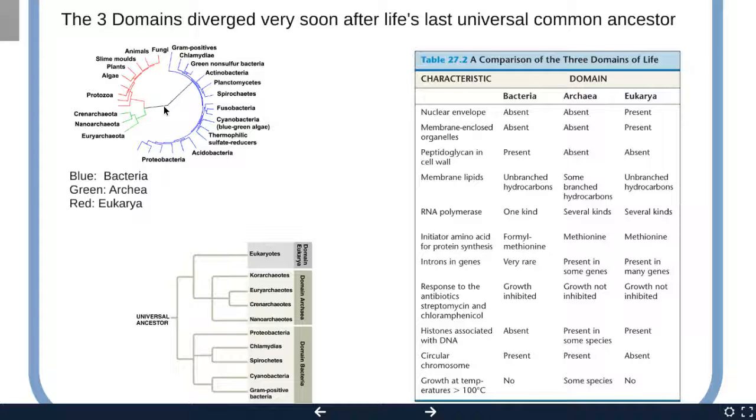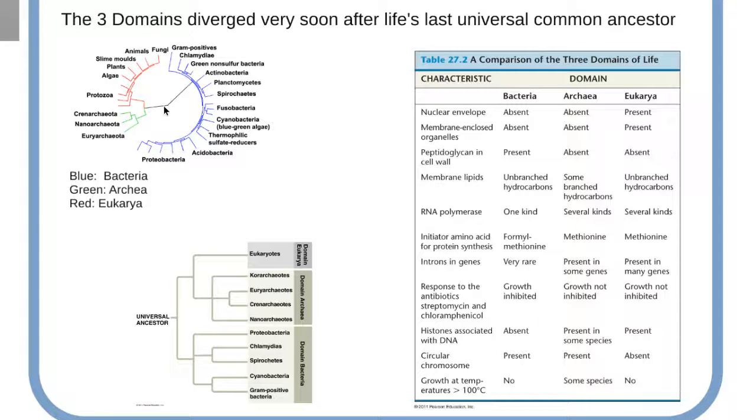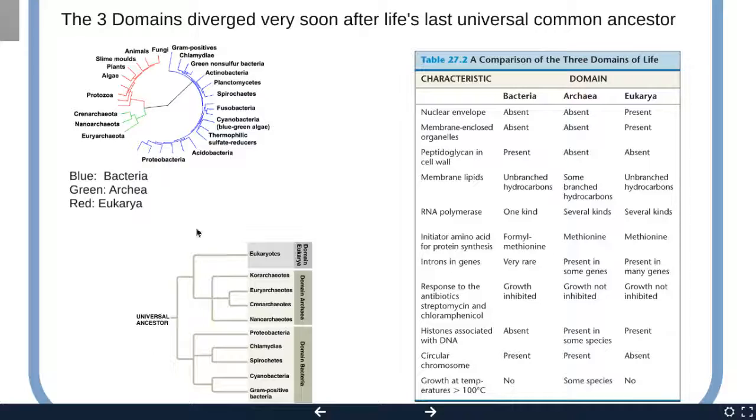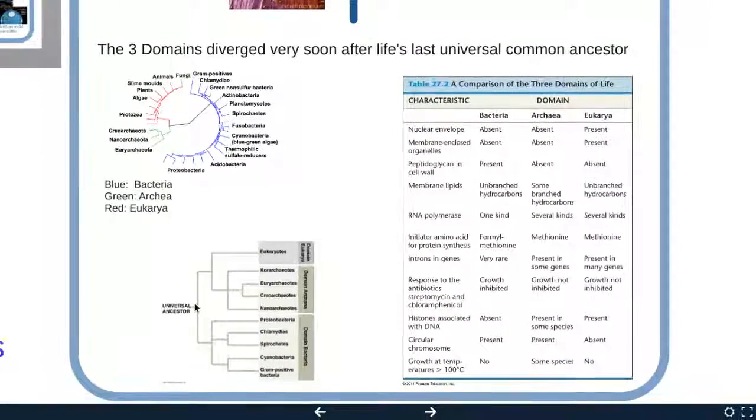Later on in the semester, next semester, we'll look at a New York Times recent publication of the most recent thought of the tree of life, and it looks more circular than the actual tree form that we're used to seeing. But here you can see the universal ancestor and the more classic tree look to it. And you can see the eukarya, the archaea, and the bacteria. Most of our focus in AP Biology is on these organisms.